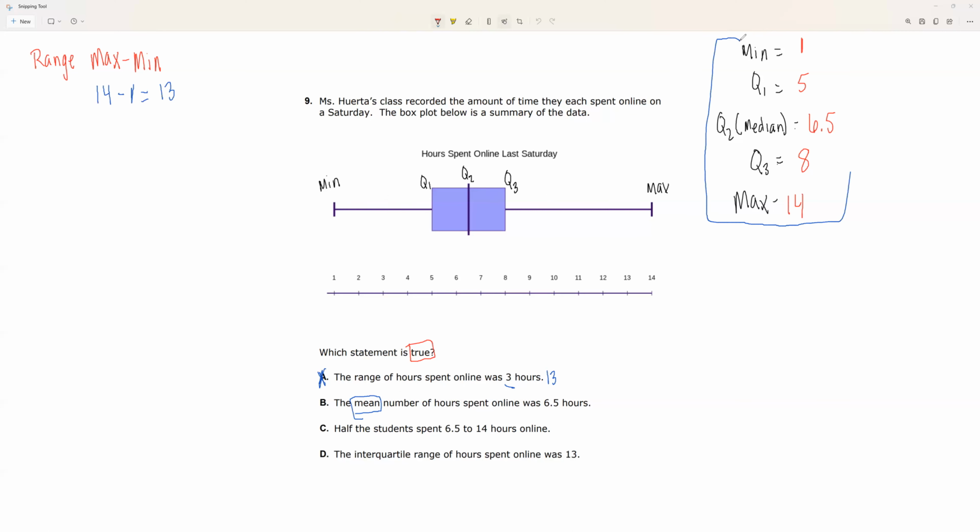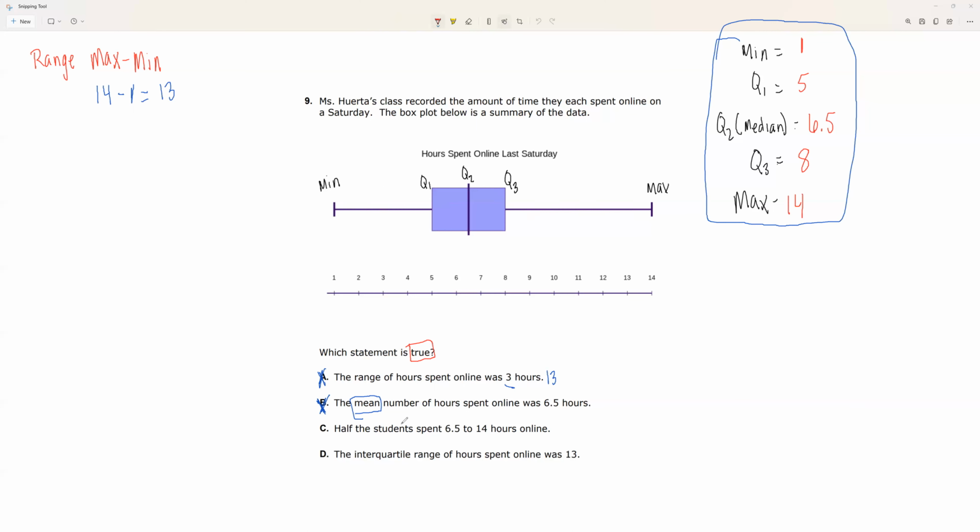That's all it gives us. So we are unable to find a mean. We cannot find the average just based off a box plot. We need the whole list of data. So I'm going to say that B is not the answer because we are unable to find the average because we do not have all the data for it.